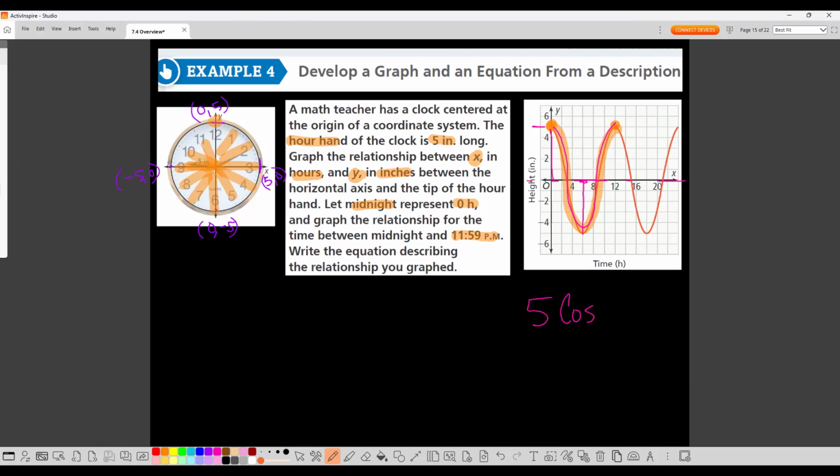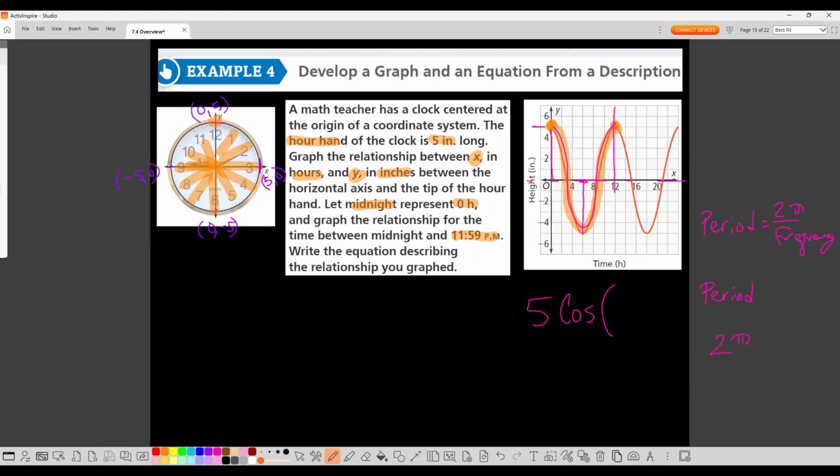And then for my frequency, again, period was our normal 2 pi over the frequency. And we're trying to figure out what is this frequency right now. So if you take your period of the graph over your frequency, you should get what we need for that b value. So, or 2 pi over the frequency.